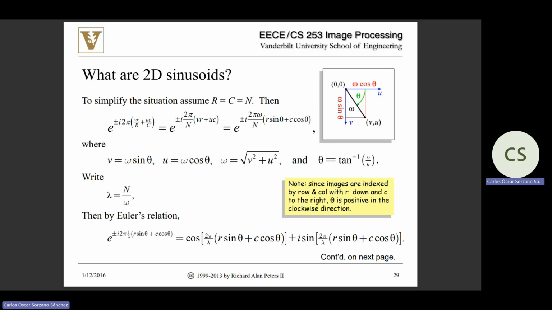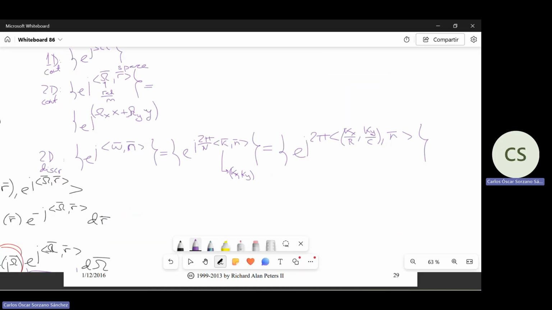So then we have this kind of complex exponentials. What do they mean? Let's define a few things. We were used to have a frequency. Let's look at the concept of frequency here. In general, this would be omega x, omega y. Let's do it in our notation.